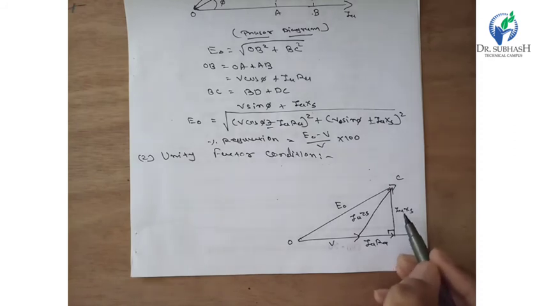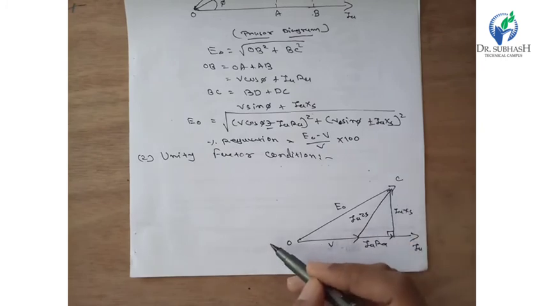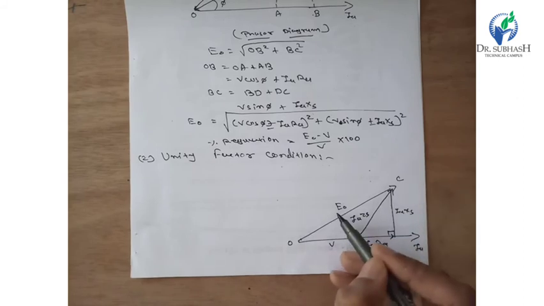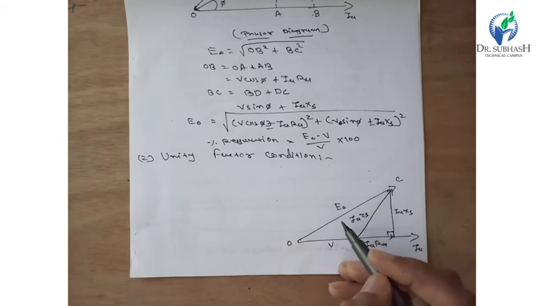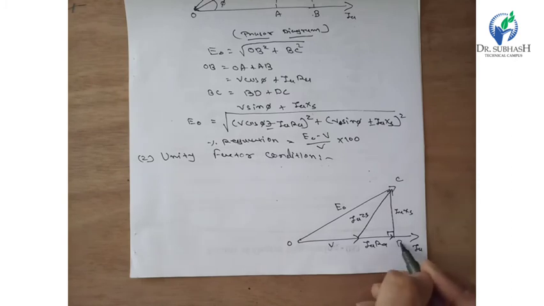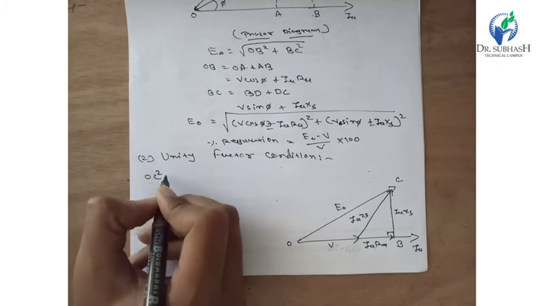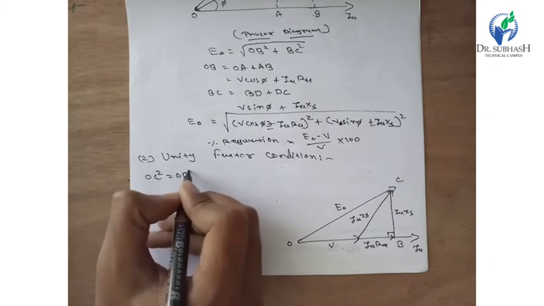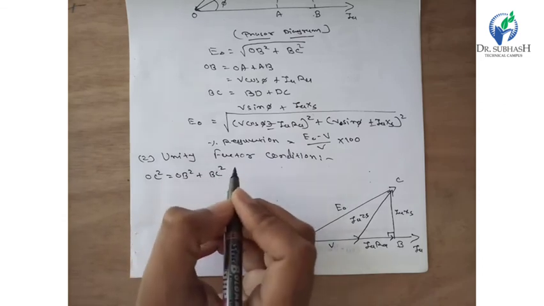At the tip of Ia into Xs, joined to O, we find the resultant EMF, which is known as E0. By using the triangle OBC, we can write OC square is equal to OB square plus BC square.